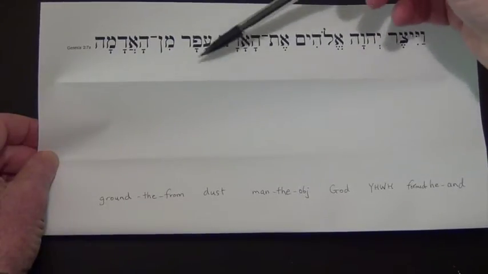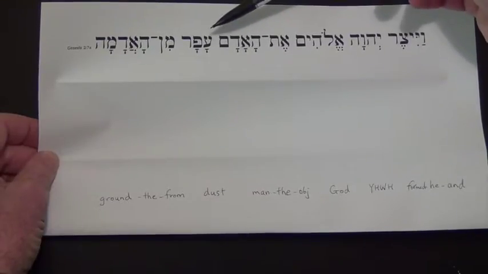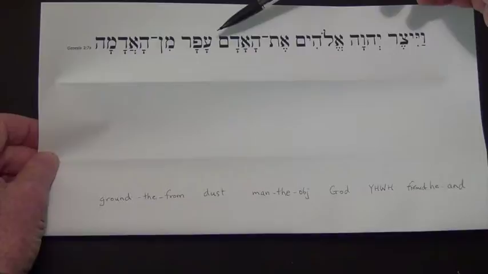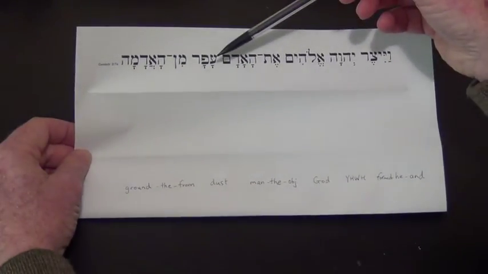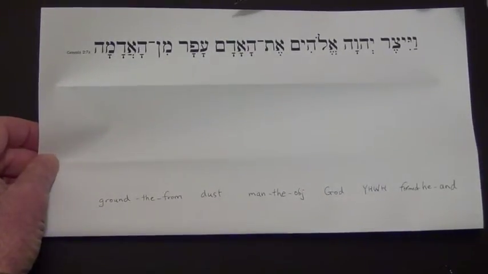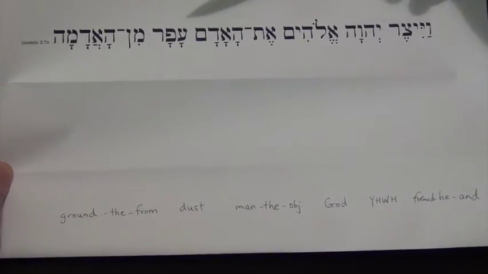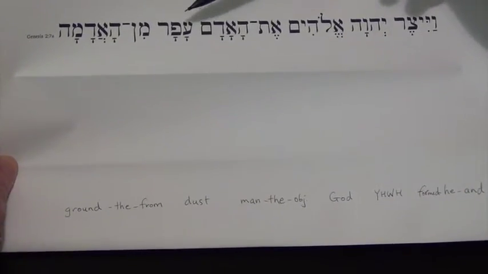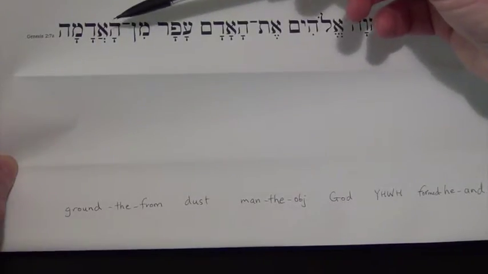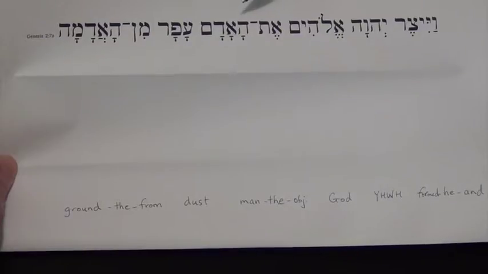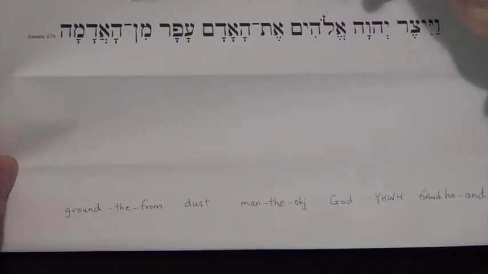And afar means dust. It's the instrument, the thing that God uses, and no other word is needed to go with it. We'd have to say from dust or using dust, but in Hebrew you can just plonk the word straight there. He formed the man dust, min, from ha'adamah, from the ground. Now notice the similarity between Adam, man, and Adamah, meaning ground.